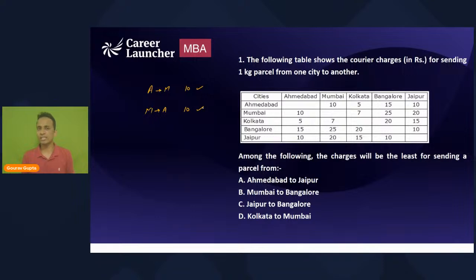The charges for sending the courier from Ahmedabad to Mumbai and from Mumbai to Ahmedabad may differ, right? So don't go with presets, don't go into the examination with the thought that the values should be the same. Study the table properly and then try to answer the question, right?